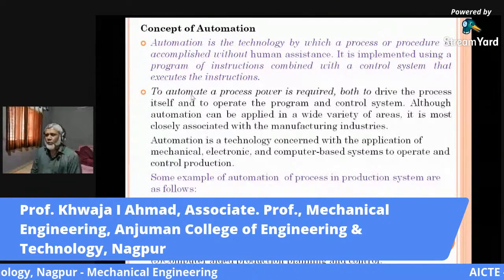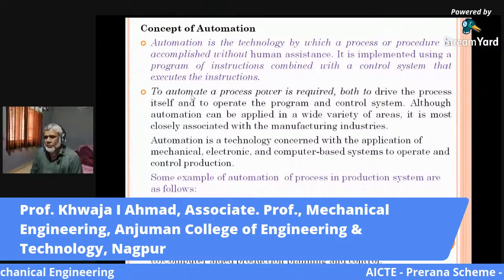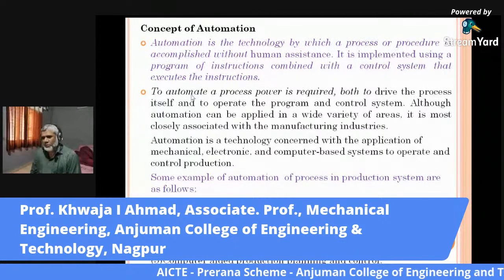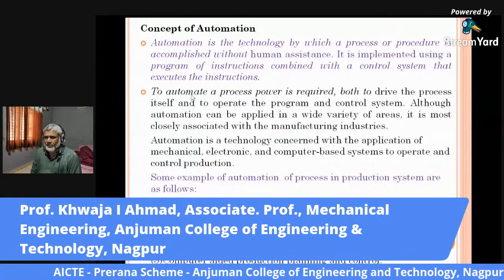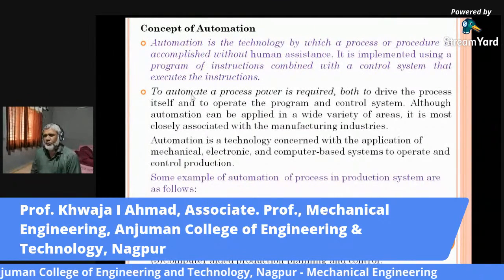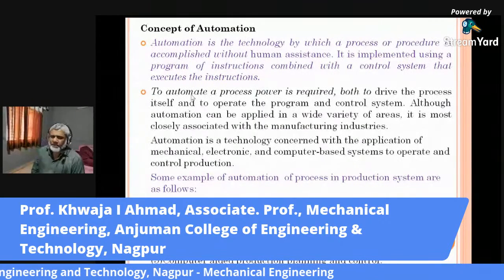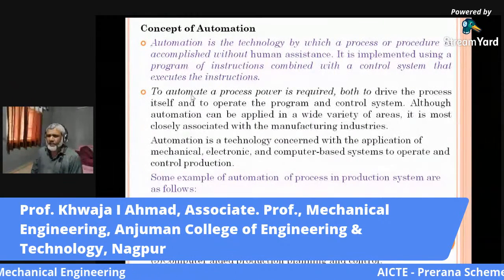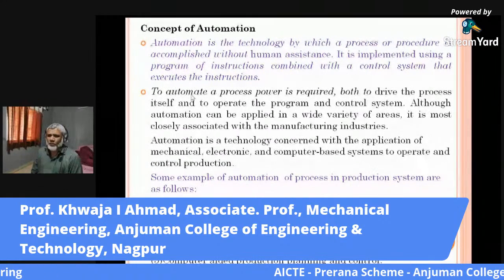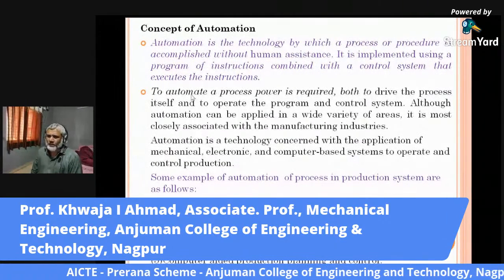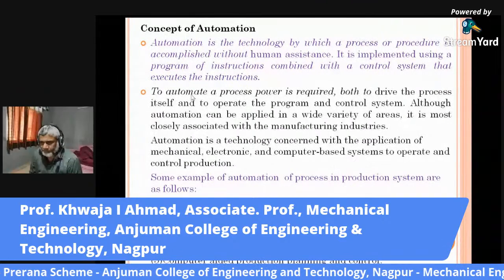It is not the humans who are using their energy to run a process or procedure. Here everything is being done with a control system, and some program of instructions is provided to the control system, which ultimately executes the process for the final products.